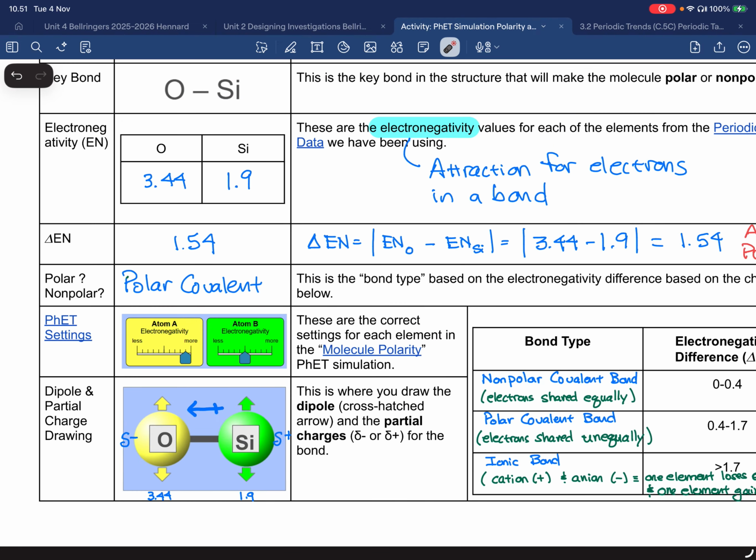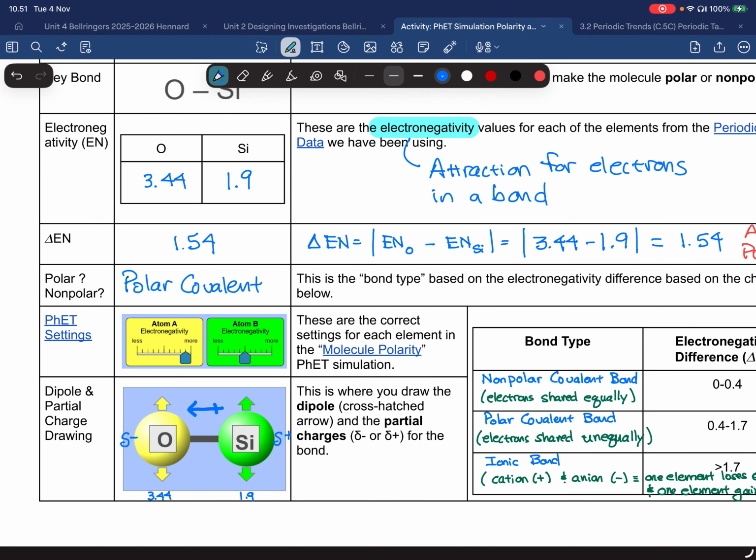Now, what do we figure out when we do that? We figure out that the atom with the biggest electronegativity is going to be partially negatively charged. That's the first thing we figure out.